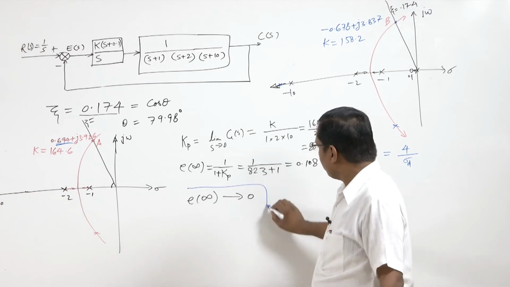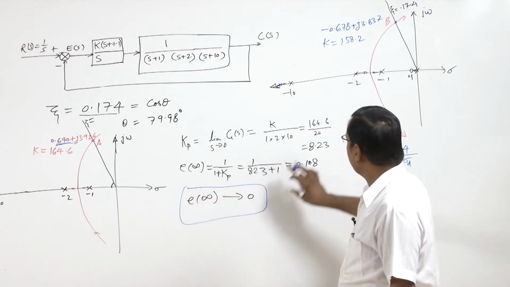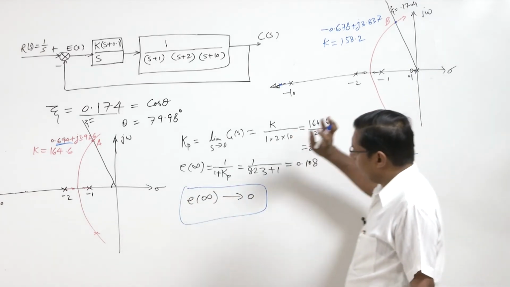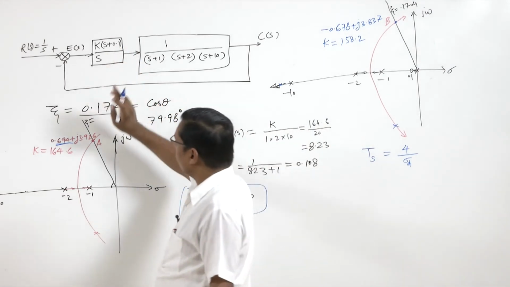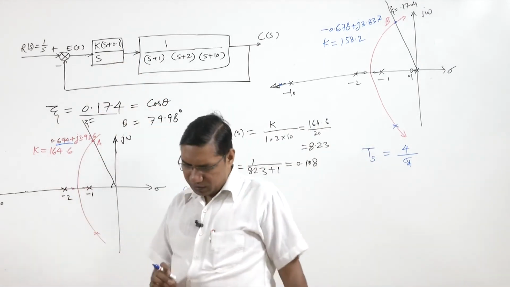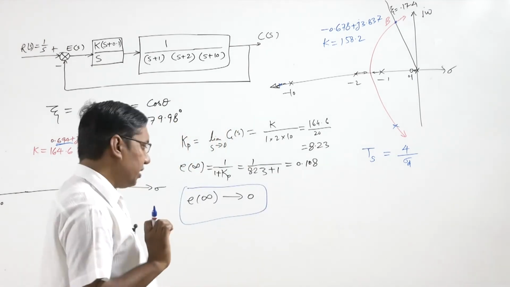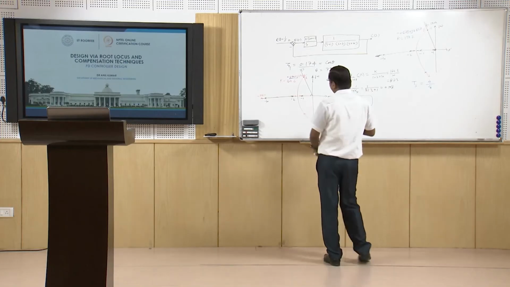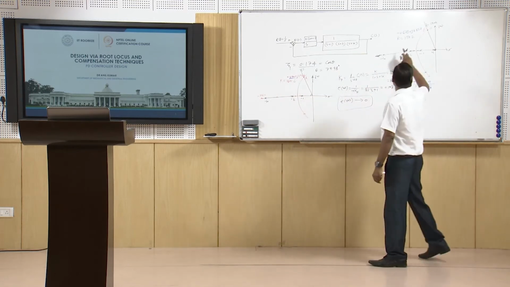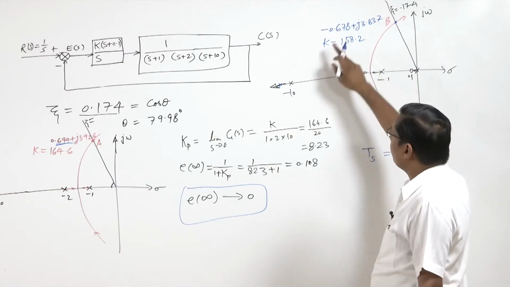The steady state 0 we have got by putting one pole at origin, but due to the effect of this 0 we will get a very small change in the transient response characteristics. So we see that here it was 0.694, now it is 0.678.